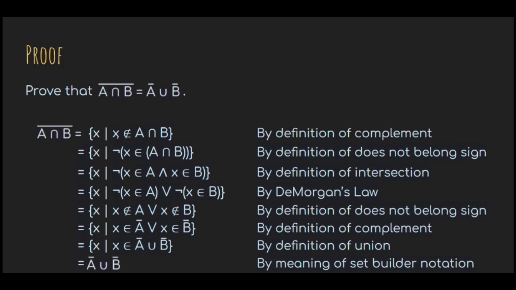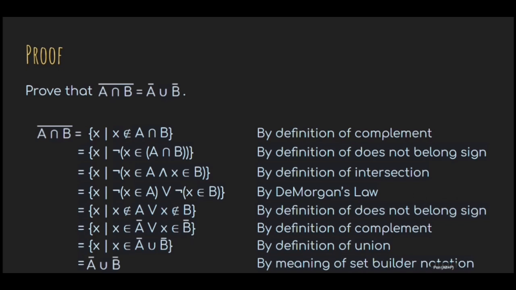For the definition of complement, we went from x does not belong to A intersection B, and now we're throwing the complement sign in instead of the does not belong sign. We need to make them complements, which is what we're trying to prove individually.